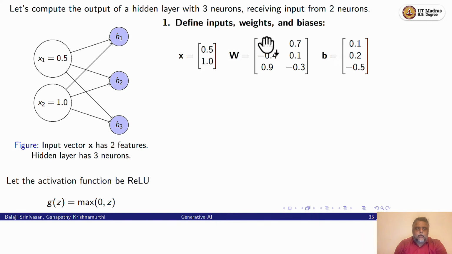The weight connecting h1 to x1 is 0.2 and h1 to x2 is 0.7. These are the weights connecting to h1, weights connected to h2, weights connected to h3, and you have your bias term for each one of these neurons, which is 0.1, 0.2 and minus 0.5.